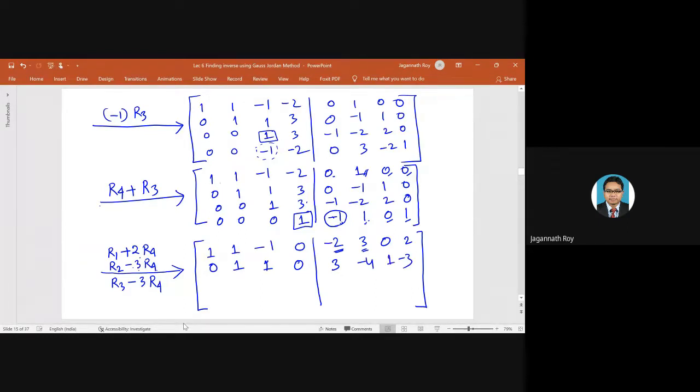Similarly, it will become 0, 0, 1, 0. And the right hand side will become 2, 5, 2, 2 minus 5, 2 minus 3. And the last row 0, 0, 0, 1. It becomes minus 1, 1, and then 0, 1.